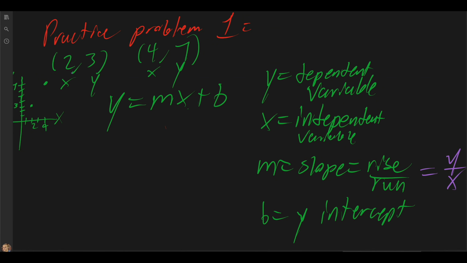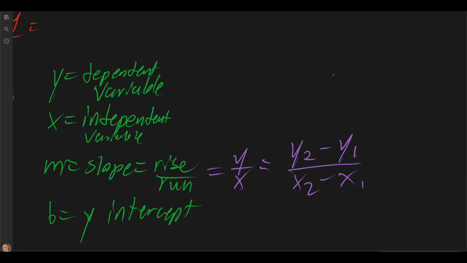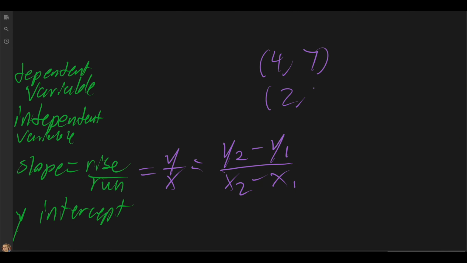It means that whenever we see these two different points, we have to denote exactly which one is further out. So we would have (4, 7) and (2, 3) as our points.